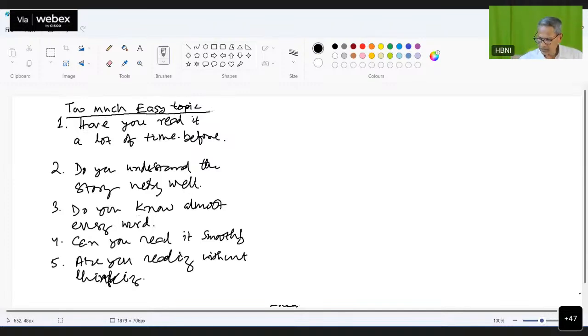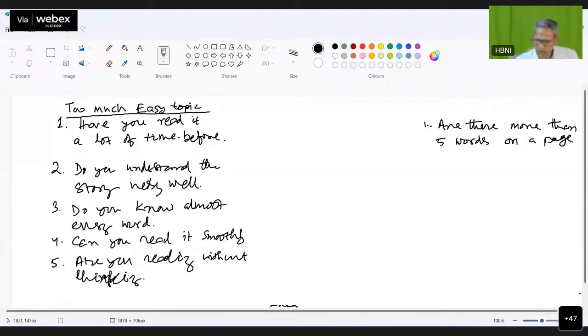What is the other extreme? One, are there more than 5 words on a page that you do not understand?